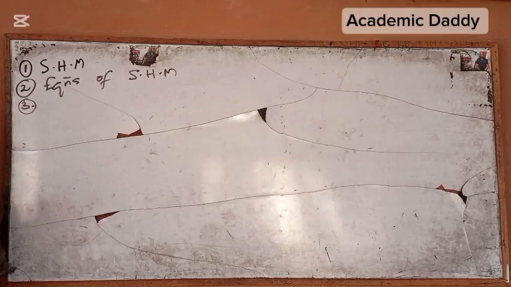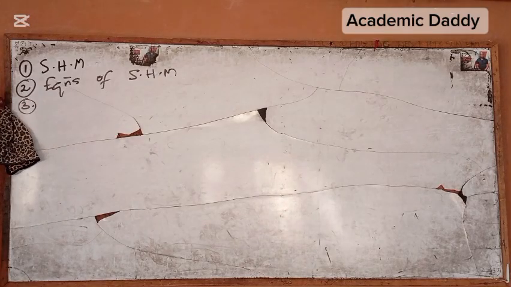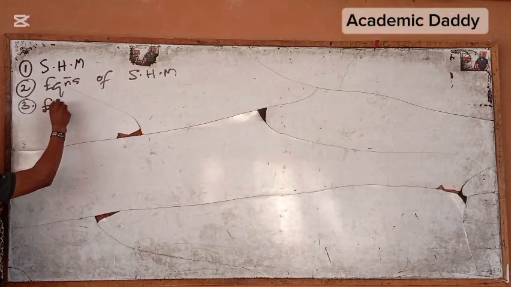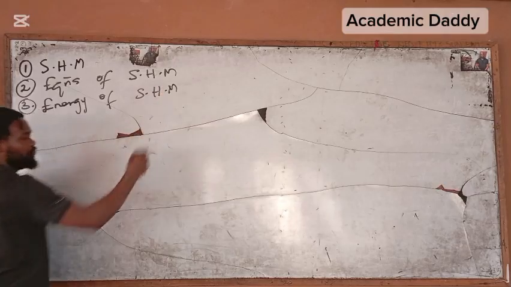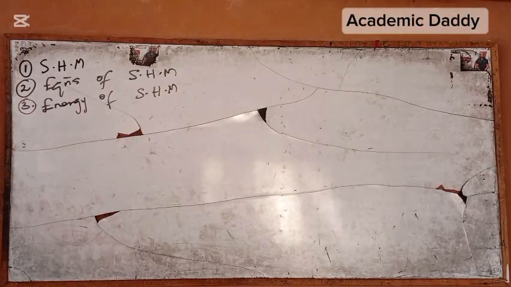Then number 3 that we derived is the energy of a simple harmonic motion. Anything that moves, just like you as a human being, has so many energies. You need chemical energy, the food you eat, to have strength. When you are moving, you are experiencing mechanical energies as well. When you feel hot, your body is producing heat energy inside you.